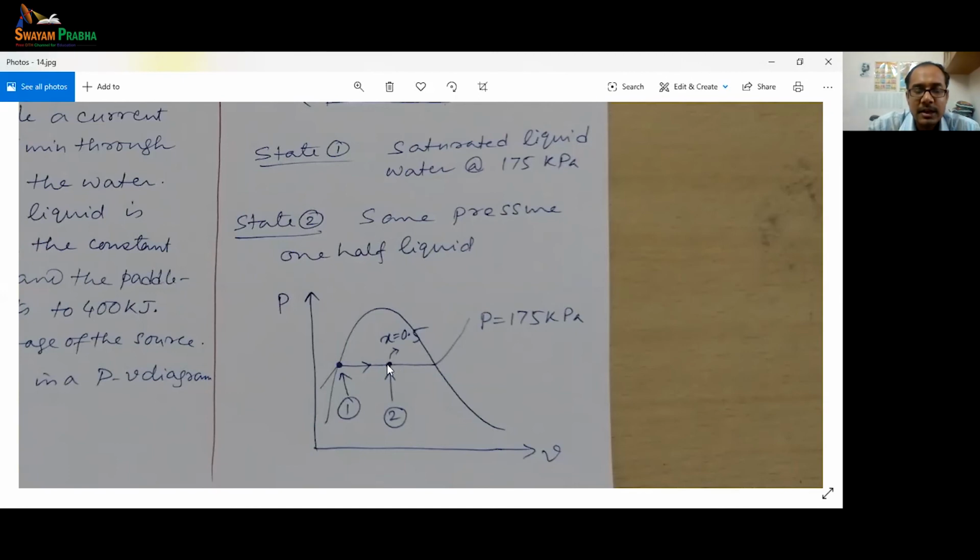And the second state is also given in terms of the quality of the vapor. So 1/2 is vapor, that means X is 0.5 here. And this is state 2.